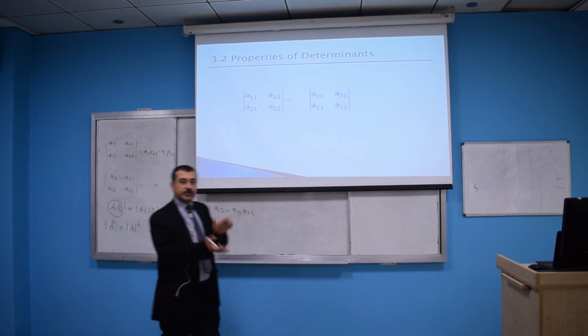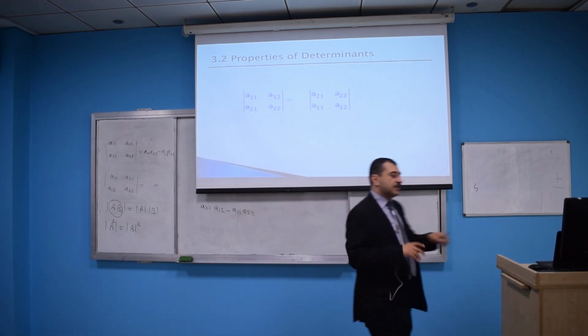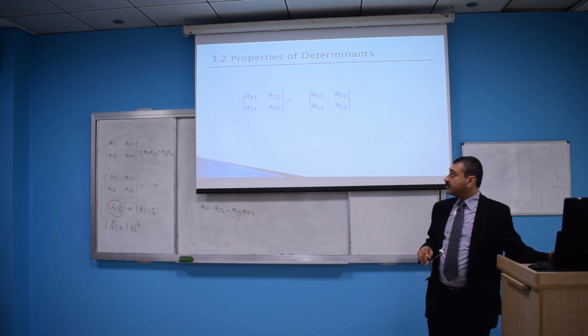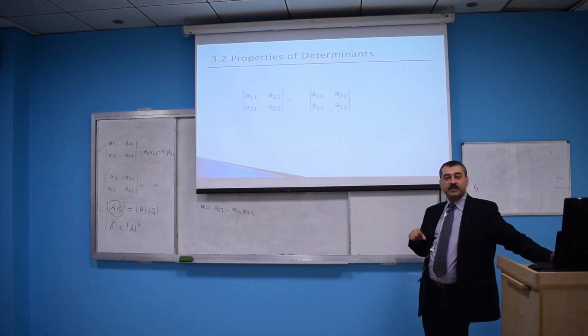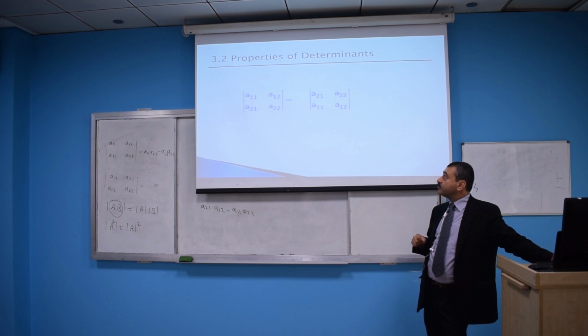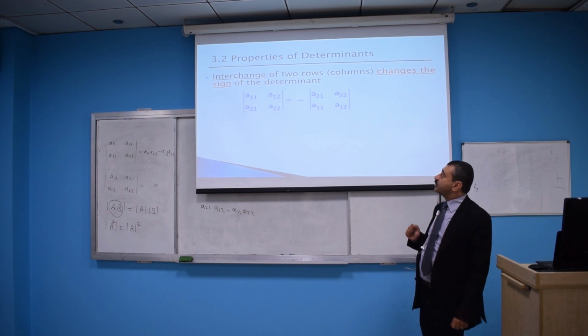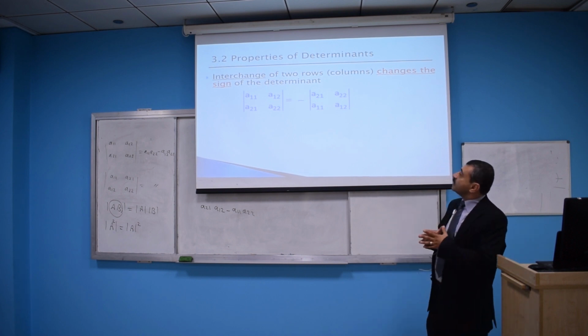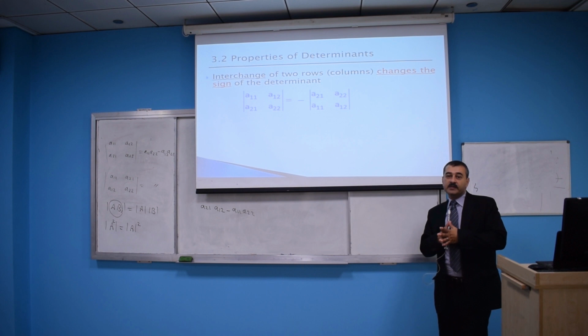So actually, if you interchange 2 rows, you get the negative of the value of the determinant. So I have to put a negative sign here. Okay? So I can write it here: if you interchange 2 rows, the sign of the determinant changes.